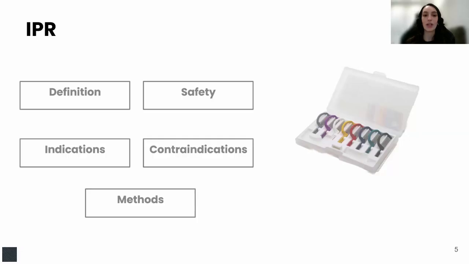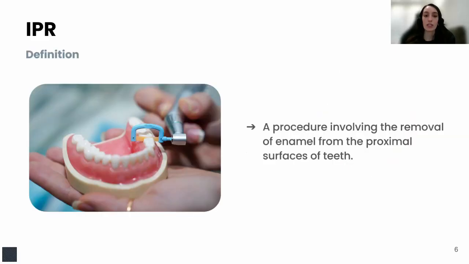We're going to define what IPR is, cover a few factors regarding the safety of IPR, and then talk about when it is indicated, when it's contraindicated, and the methods with which we can perform IPR.